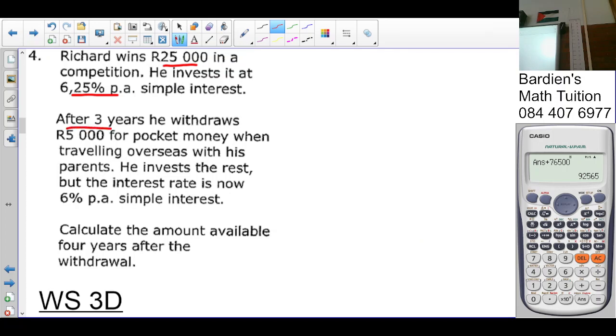It says after 3 years he withdraws 5,000. So I first need to know how much money he has after 3 years. So how do I do that? I must first work out the simple interest. How do I work out simple interest? P times R times N over 100.